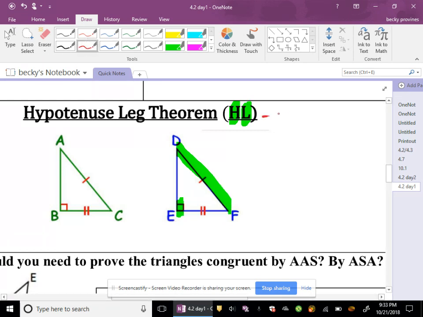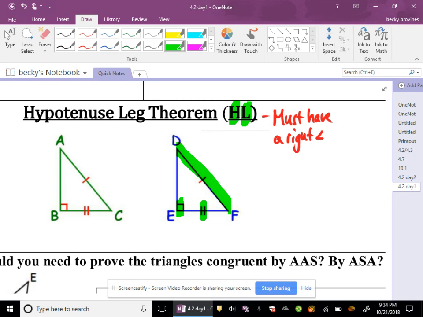So, you might want to write down this must have a right angle. Okay, so I have my hypotenuse, I have my right angle, and I have a leg of the triangle. Now, a leg could be either side, but the two triangles have to have the same side in common.